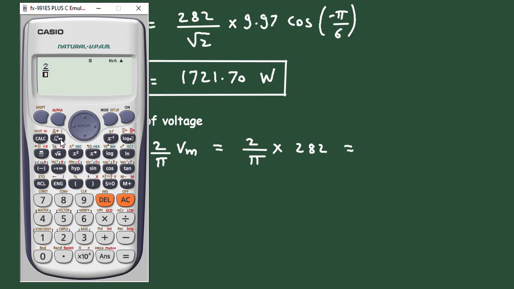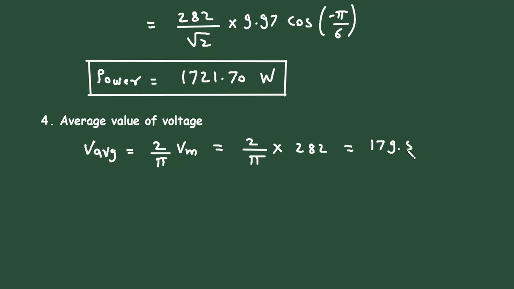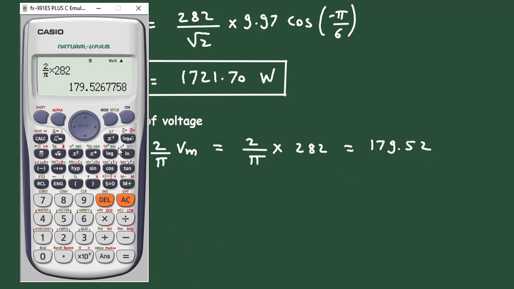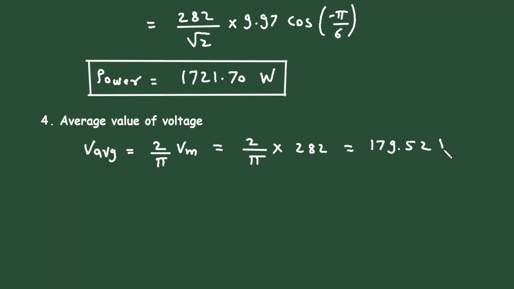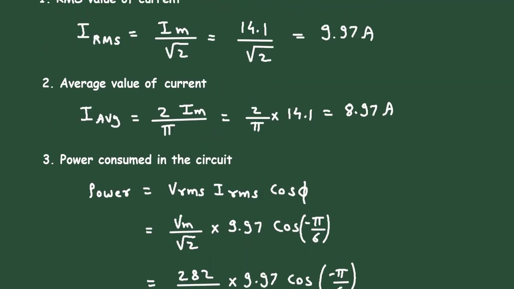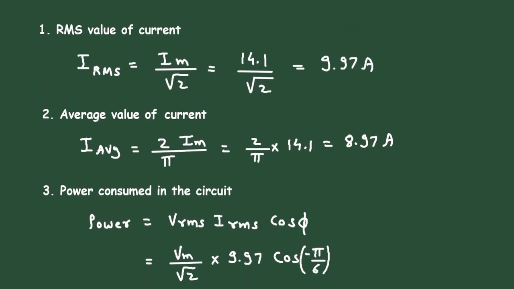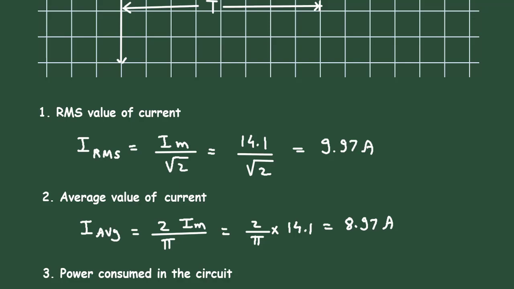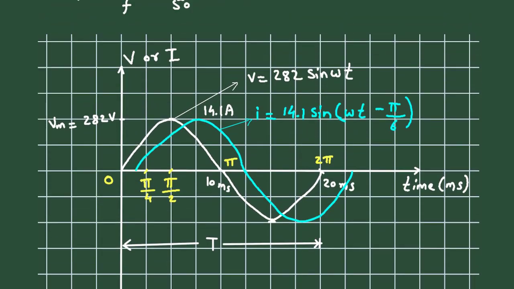So 2 divided by pi into 282 is 179.52. Since it is a voltage, its unit will be volts. So these are the values of average voltage, power consumed, average value of current and RMS value of current. And this is how we can draw the waveform.